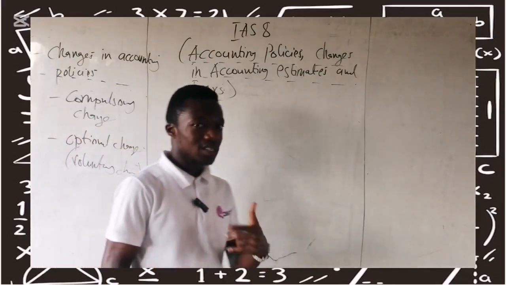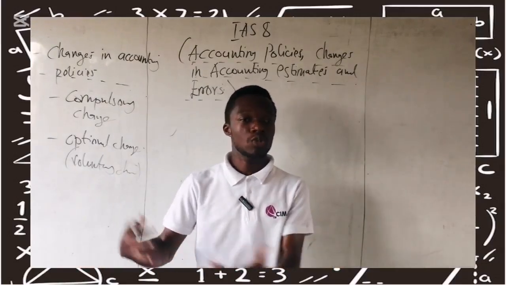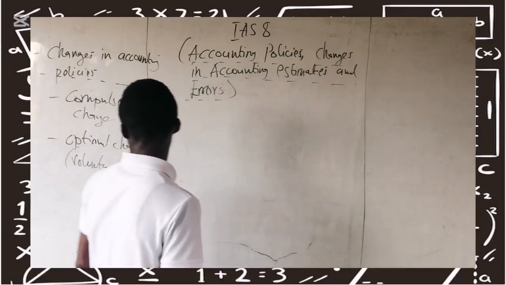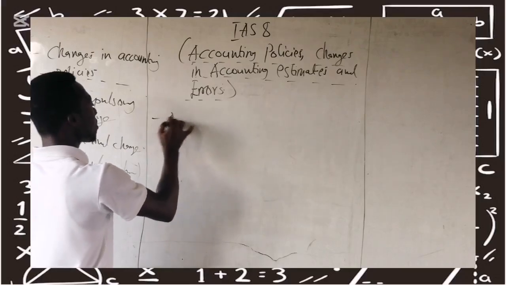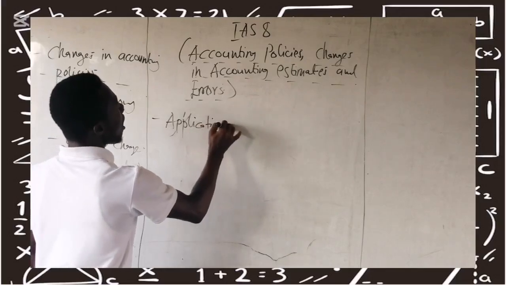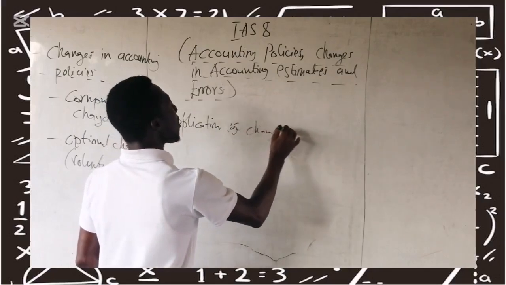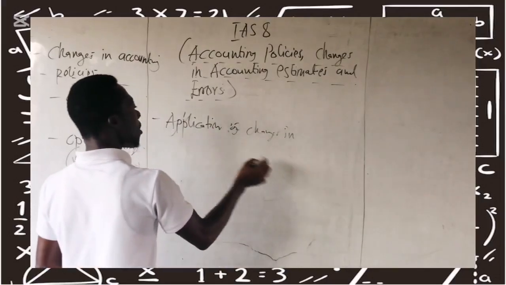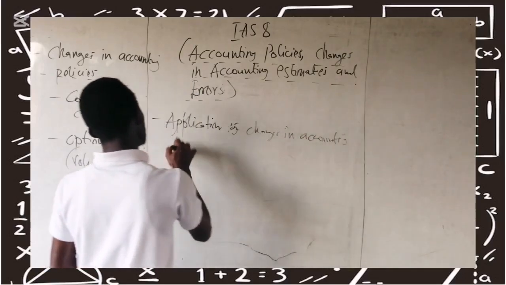The next question we have to ask ourselves is, if there is a change in accounting policy, how should it be applied? So let's talk about the application of changes in accounting policy.